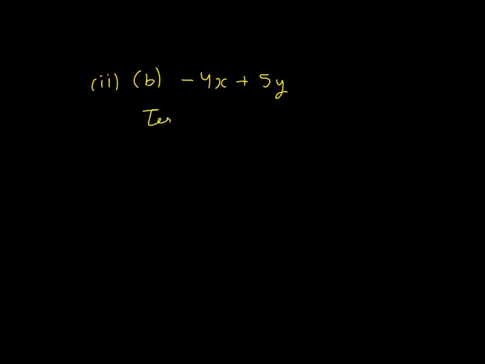So terms are given as minus 4x and 5y. Now we will write the factors of these terms. Factors of the first term minus 4x are minus 4 and x, and for the second term the factors are 5 and y.